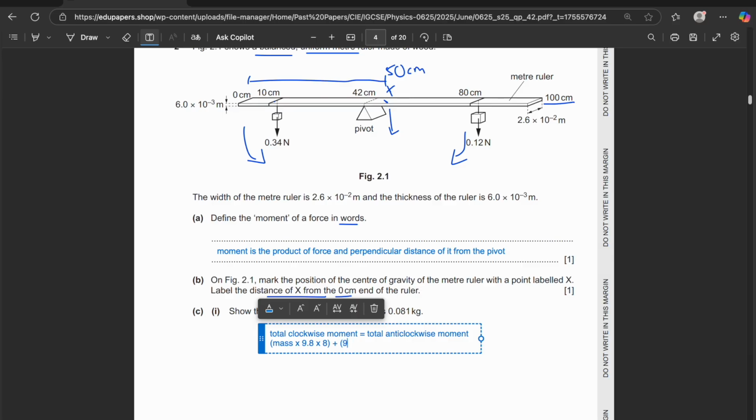So 0.12 into 38 will be equal to, this distance is 32 into 0.34. So we can find the mass from 32 into 0.34 minus 0.12 into 38, and the whole thing will be divided by 9.8 into 8.